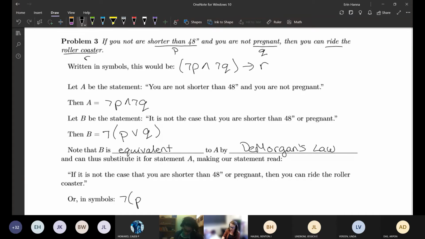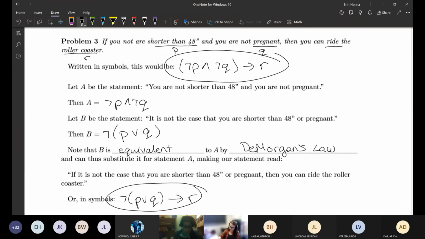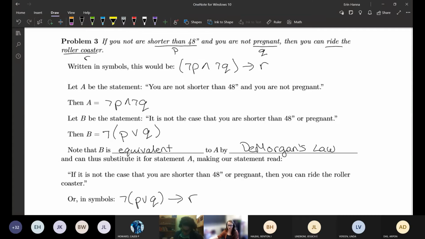So if I were to change it into this, these two things and the English statements that go with them are actually considered to be equivalent. So we have that those two English statements are equivalent.